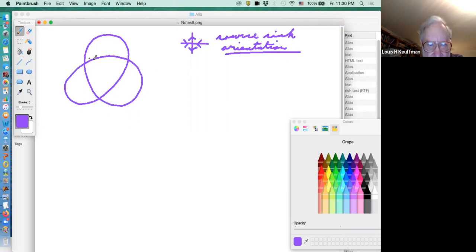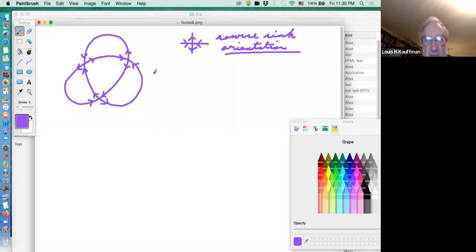Let's try it on the trefoil. 2 out and 2 in. And then I want it to be compatible. So that means I back up here and this one would be out. And I back up here and this one would be out. And I back up here and this would be in. So this must be in and that must be out and that would be in. And then that would be in, but that's okay. And this would be out and that's okay. And as you see, it works, right?